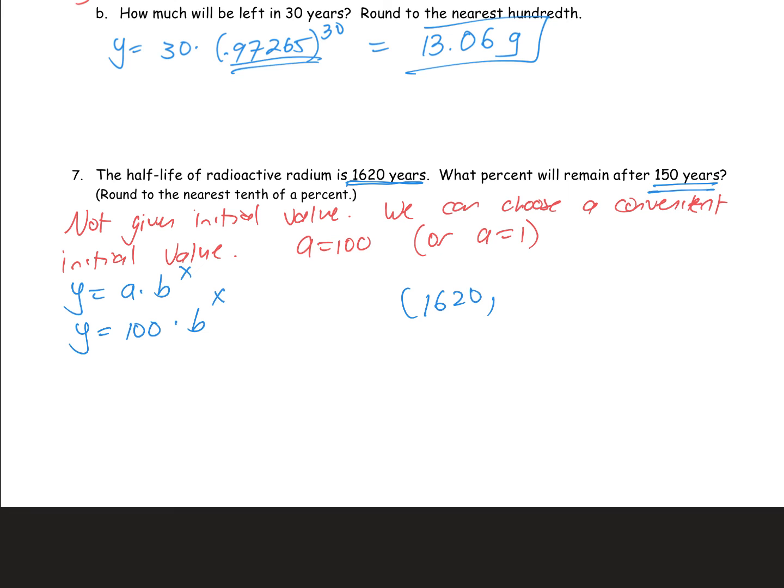If a is 100, after 1,620 years we're going to have 50 units left. I'm going to use that point to determine b, substituting in 1620 for x and 50 for y. So 50 is equal to 100 times b to the 1620th.